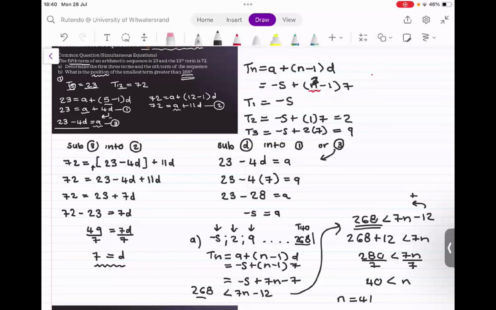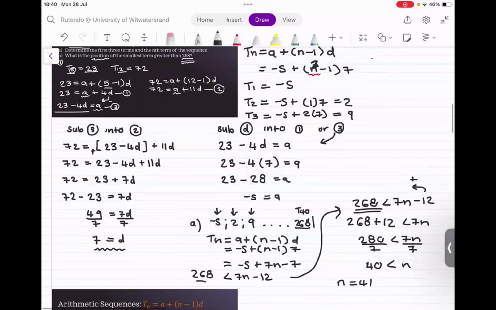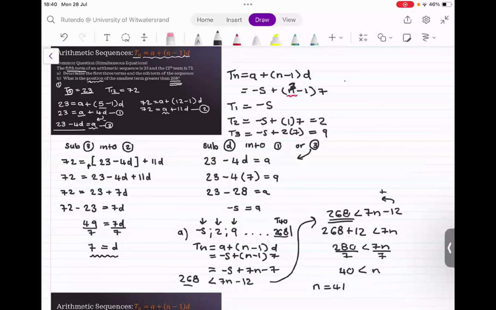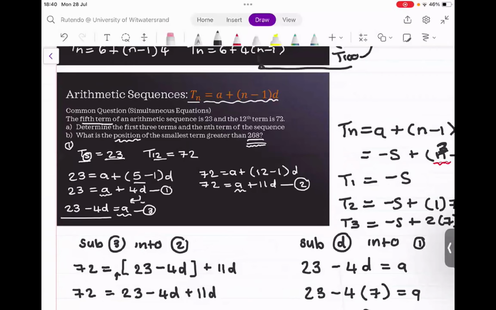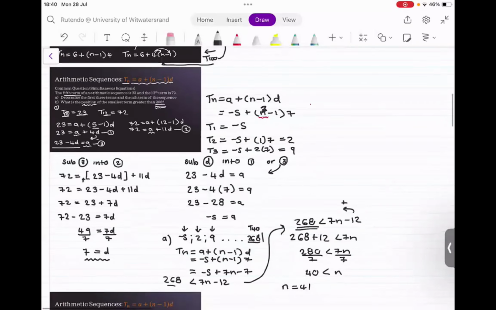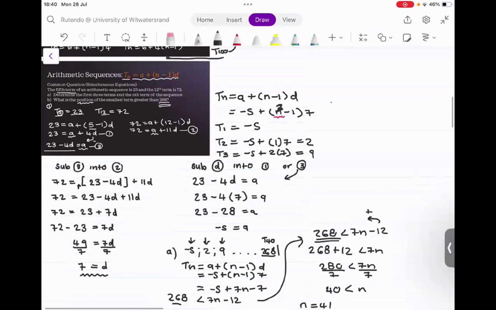Okay. Does that make sense to everyone? Okay, so in our question, they said, what is the position where the smallest term is greater than 268? If we were to put 40 into my formula, I'm going to get 268.